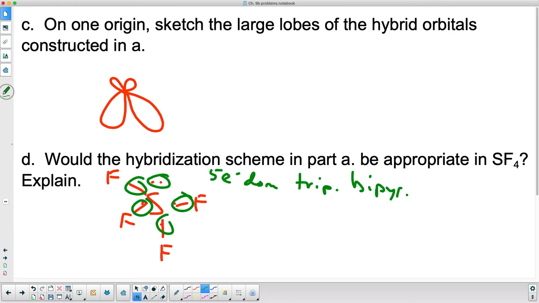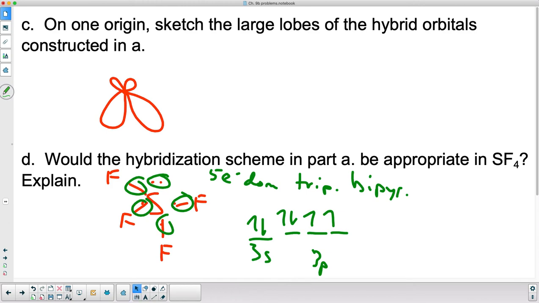Now, what's going on with trigonal bipyramidal? I thought we ran out. Remember, sulfur still has this. I know you guys are all like, whoa, what's he talking about? Check this out. I still have this. So what happens is way over here, after the 4s, what is this with 5?